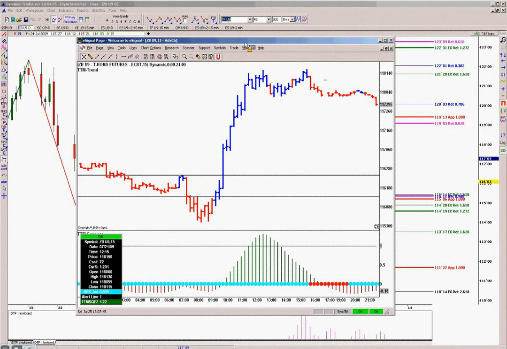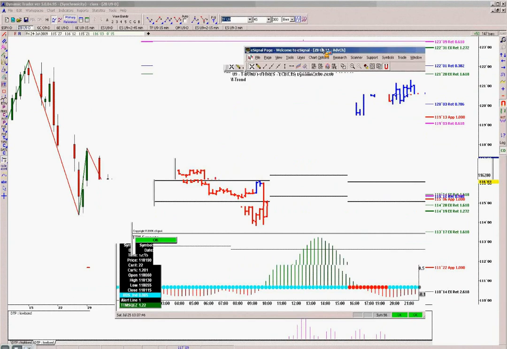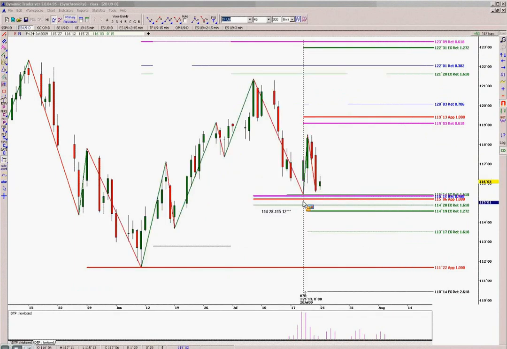So you start with a trade setup, which was the cluster anywhere from the 114.28 to 115.12 area. That was a setup. Once we held, you look for the trigger. Trigger is taking out a prior swing high. Initial stop would be underneath the low that was made prior to the reversal signal, so that would be 115.13.